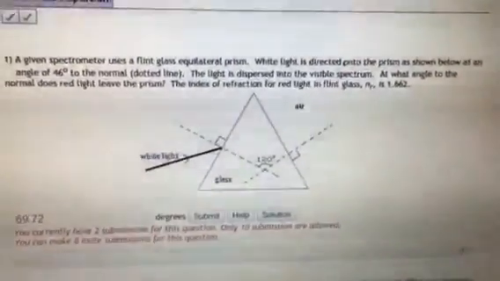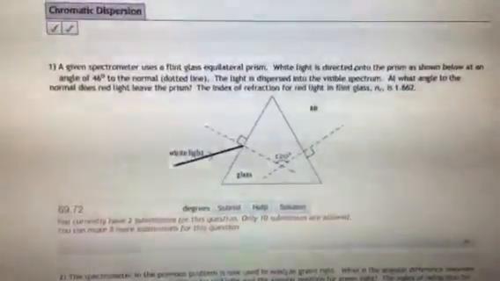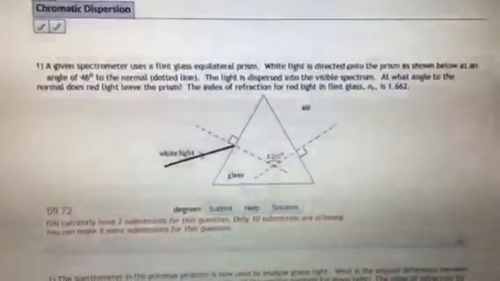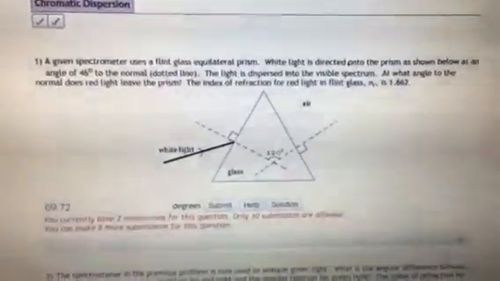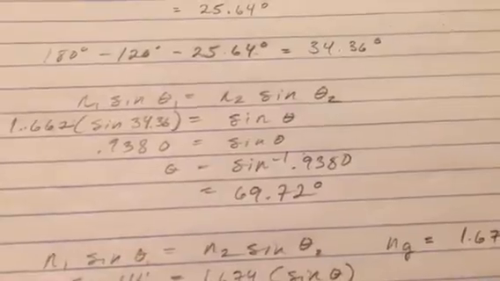What this is asking for, again, is the angle to normal that red light leaves the prism. So again, we only need to apply Snell's law. I've done that here, and if you'll have a look, we arrive at 69.72 degrees.